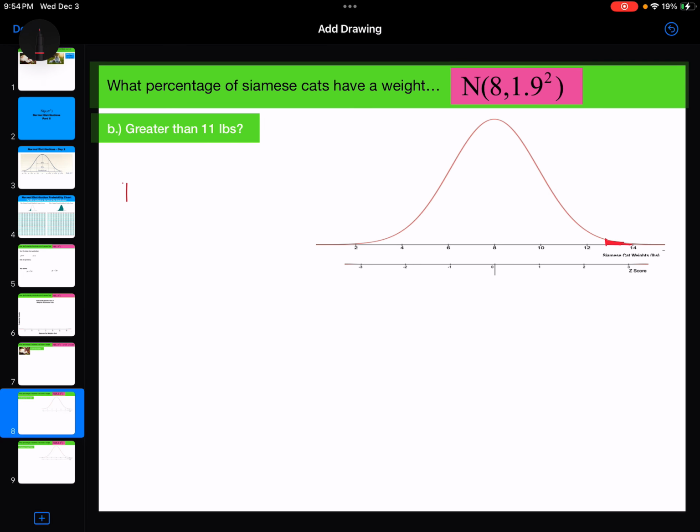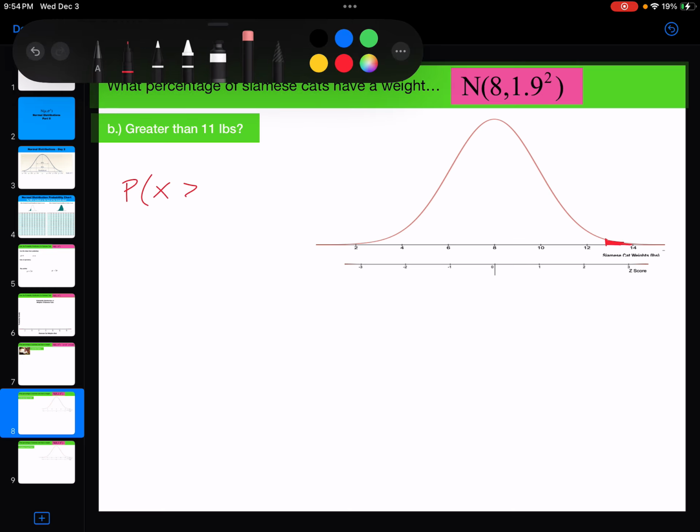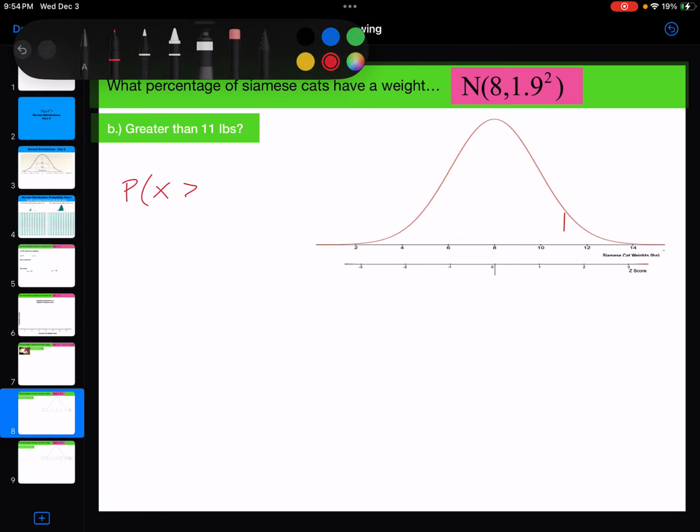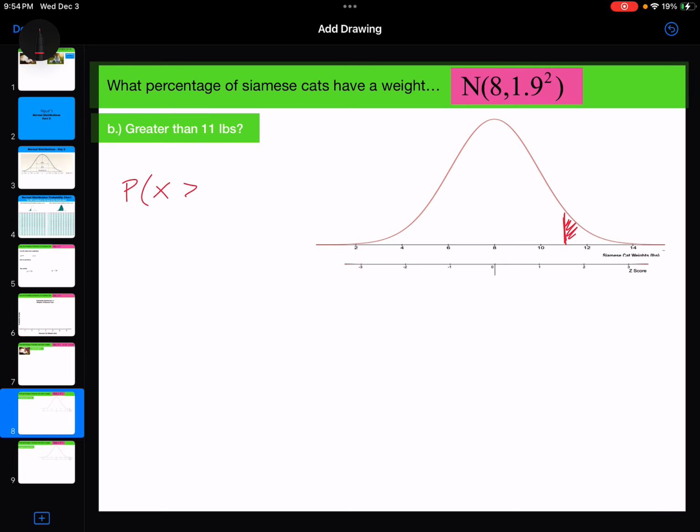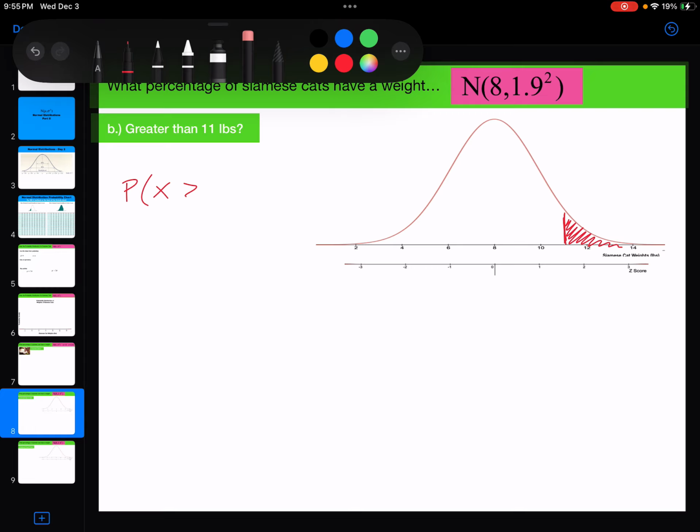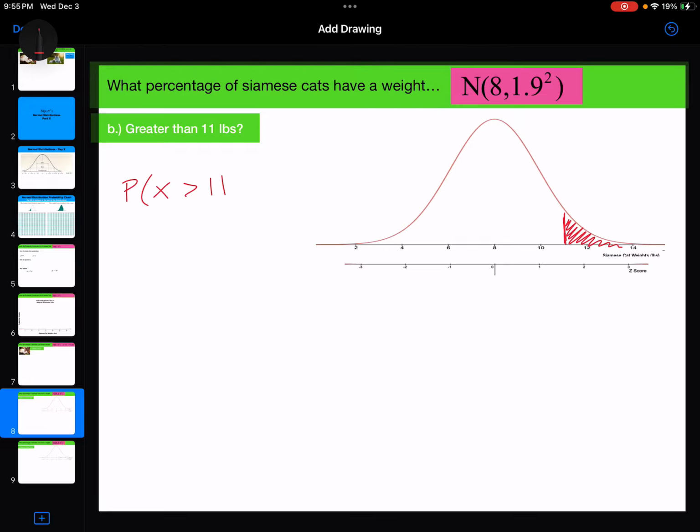So we want to find the probability that x is greater than, in this case we want 11 actually. We don't want Sasha's actual weight of 13. Switch the value here to 11, just so we can practice doing the whole piece again. All right, so we want to find the probability that x is greater than 11 pounds. Well, again, I can't look up an x. I can only look it up after I've normalized it to a z scale. So that means I need to convert my x to my z.